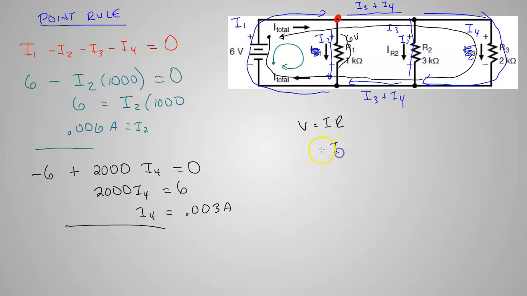And if I'm looking for the current, it's going to be V over R. That would be 6 volts over 1,000 ohms. And so that's going to be 0.006 amps. For that one, we called that one I2. And that's the same thing we got when we did the loop rule there.